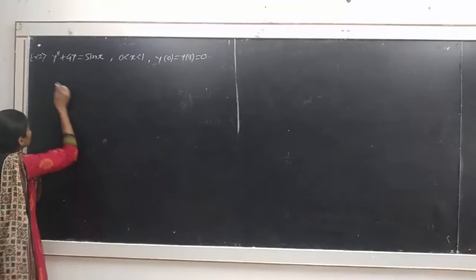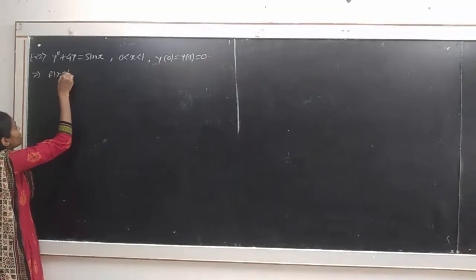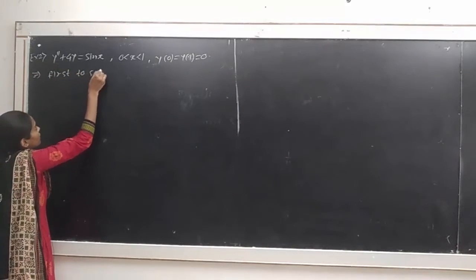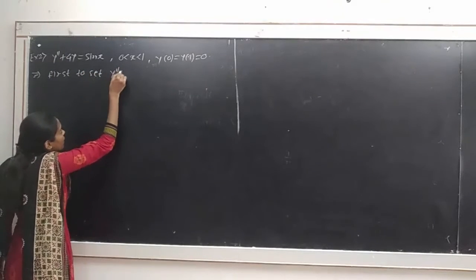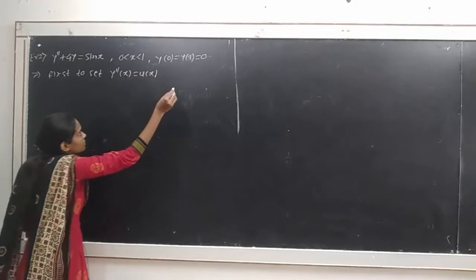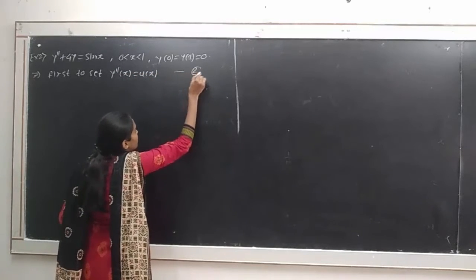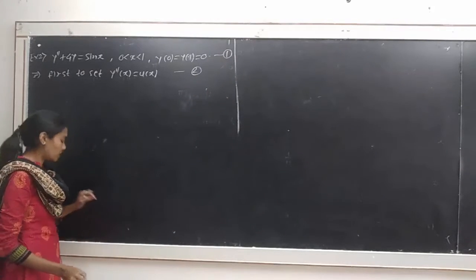For that, first we set the higher order derivative, here it will be y double dash of x. That is, y double dash of x is equal to, we take u of x. Take it as equation number 2 and the given equation as equation number 1.